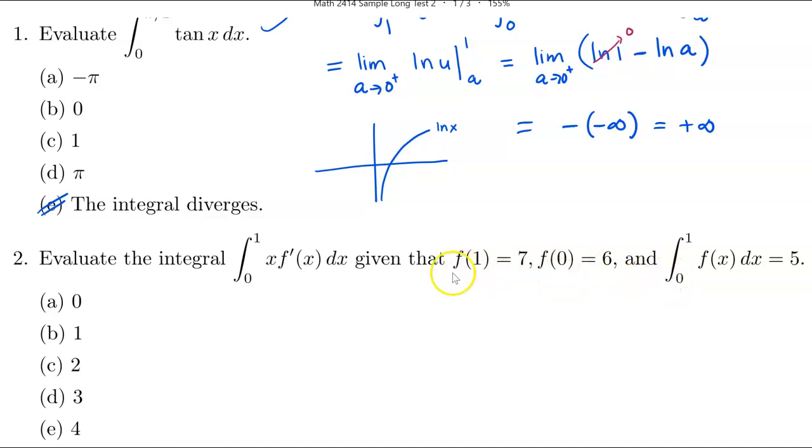And also, you're given the value of f of x when it's evaluated at 1 and at 0. And the numbers 1 and 0 are actually the limits of integration for this integral here. So this suggests that we actually have to use integration by parts.